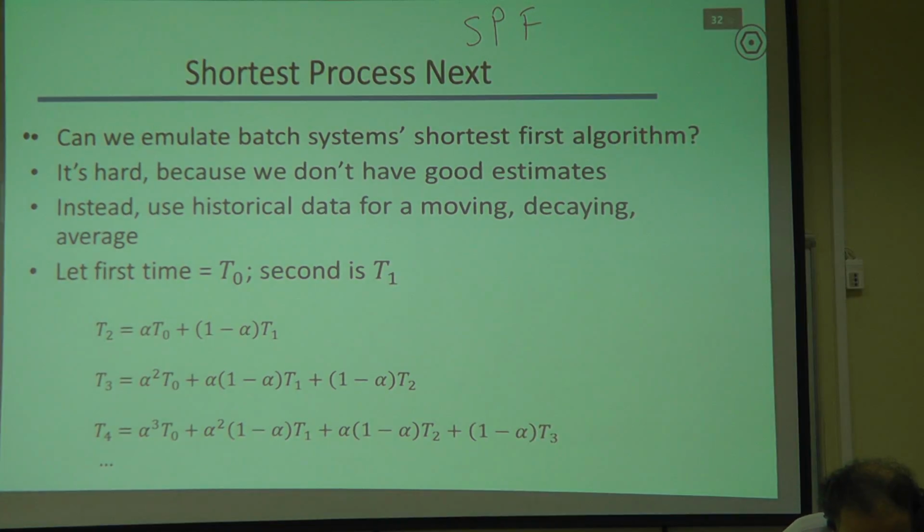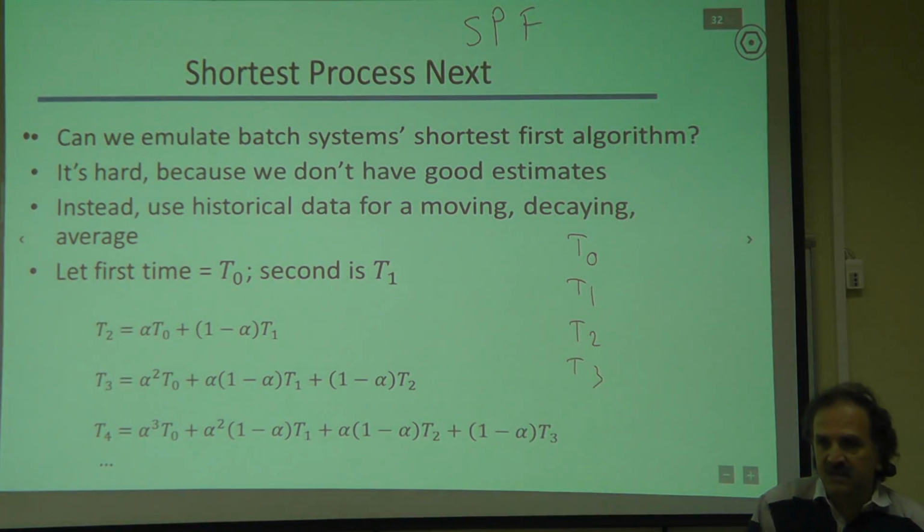Let's say the process ran and it took t0 seconds the first time. The second time it took t1 seconds, then t2 seconds, then t3 seconds. They are saying that we can use these numbers to estimate how long it's going to take in the next run.